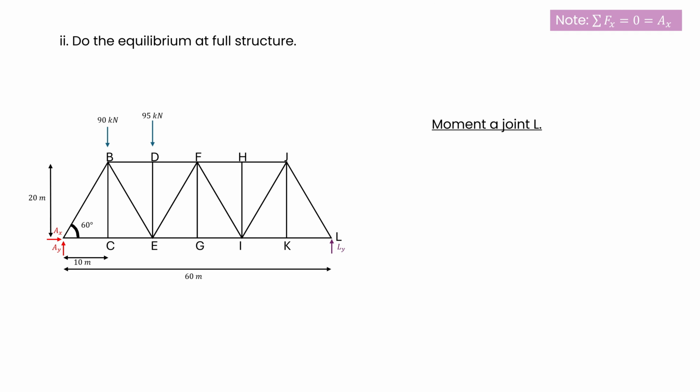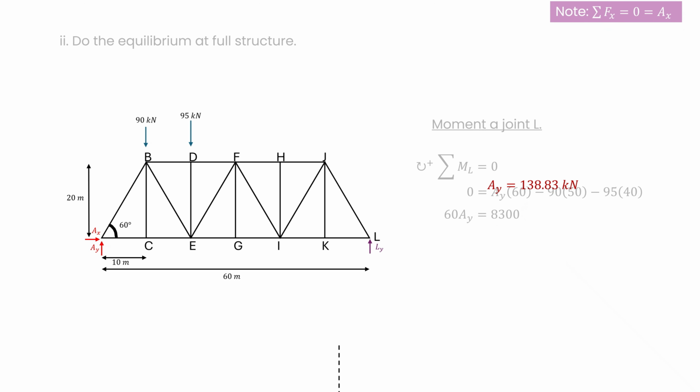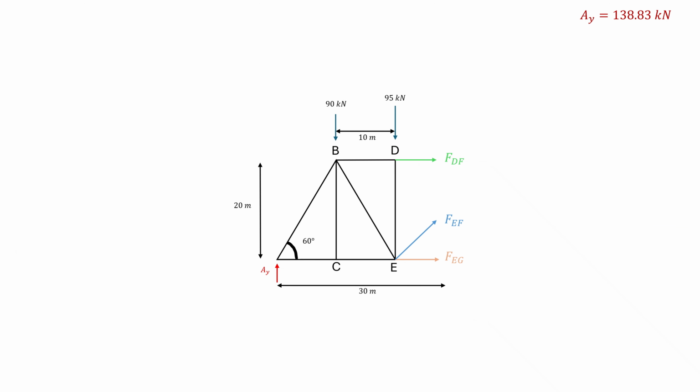Let's take the moment at joint L because we want to solve AY. So this is how I solve AY and I get 138.83 kilonewton.